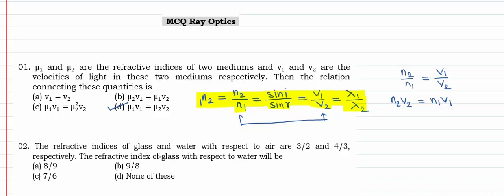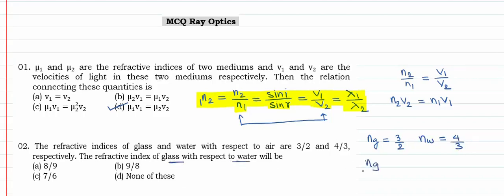Clear? Second, refractive indices of glass and water with respect to air are given. The absolute refractive index of glass is 3 by 2. Refractive index of water is 4 by 3. He has asked to find the refractive index of glass with respect to water.